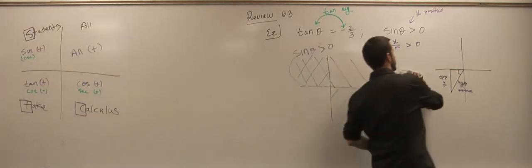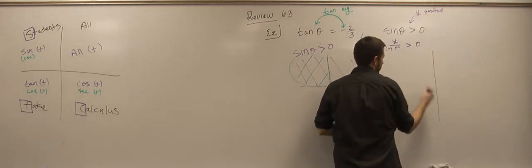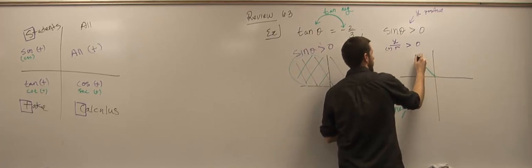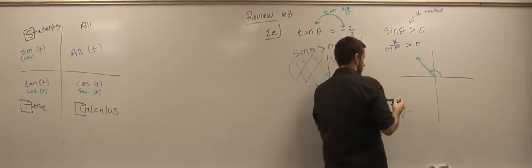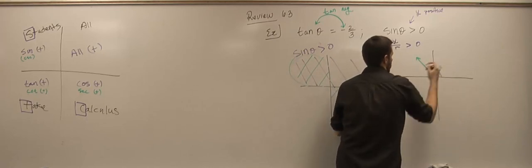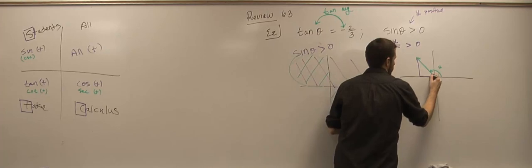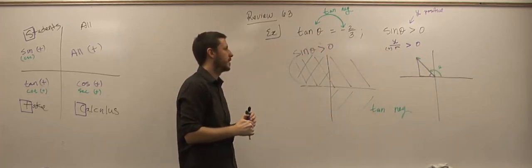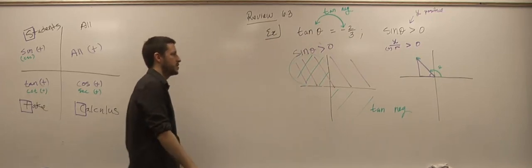Right, my triangle's in the second quadrant, so I come over here. I draw my angle in the second quadrant, my theta. I draw a triangle down here, with this reference angle, and I label either my opposite, adjacent, hypotenuse, or x, y, and r, right?